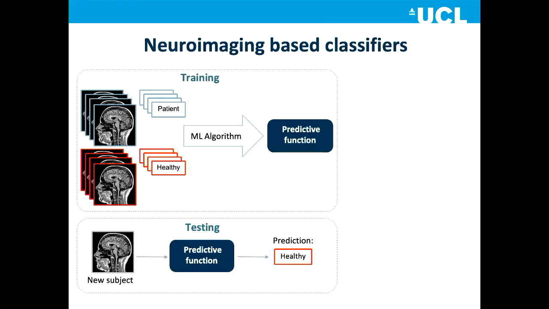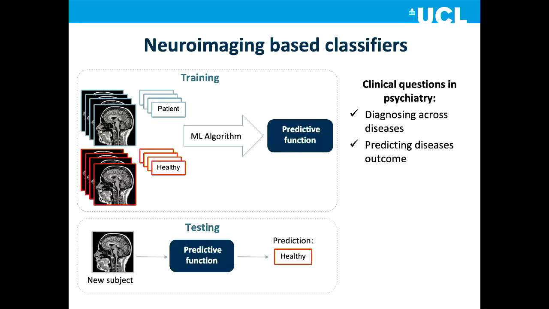Over the last 15 years already, or perhaps even 18 years, this framework has been applied to address different clinical questions in psychiatry, such as diagnosing across disease, predicting disease outcome, identifying at-risk subjects, and identifying treatment responders. Although all these studies, in my opinion, represent good evidence that there is predictive information in neuroimaging data, they have also been subject to criticism. The main criticism has been in terms of reproducibility.